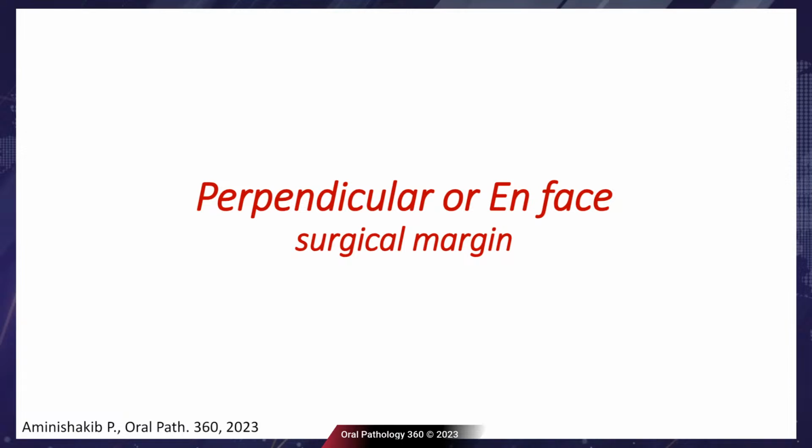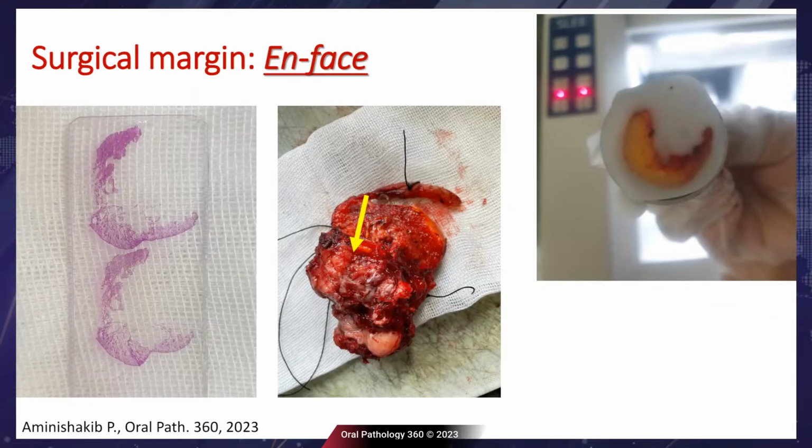Another important issue about the surgical margin is whether you should take a perpendicular or an en-face margin. You may know that an en-face margin is prepared when the tumor is far from the surgical margin, and you are not supposed to measure the distance between the surgical margin and the tumor.